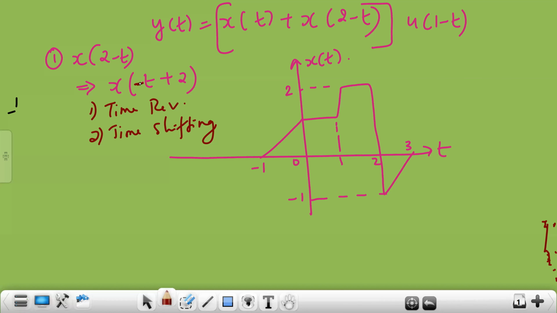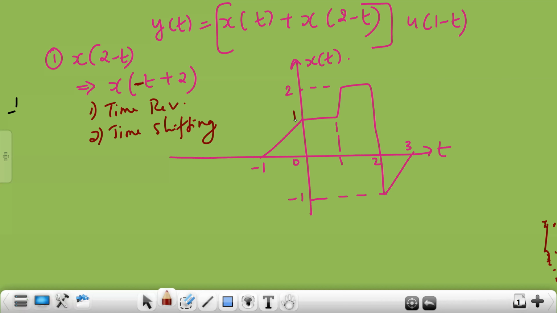While plotting x of minus t, we are taking the mirror image without changing the y-axis. The amplitude at 0 remains 1. Kindly note it.